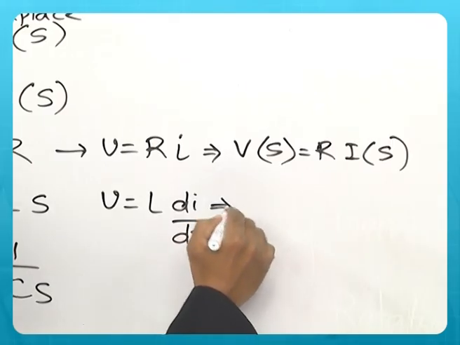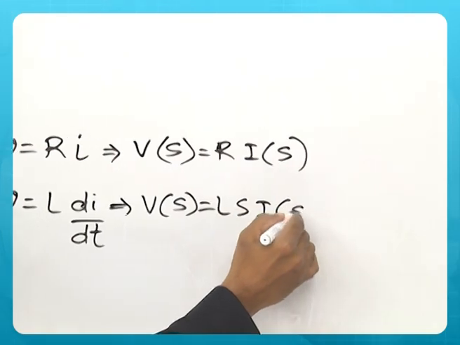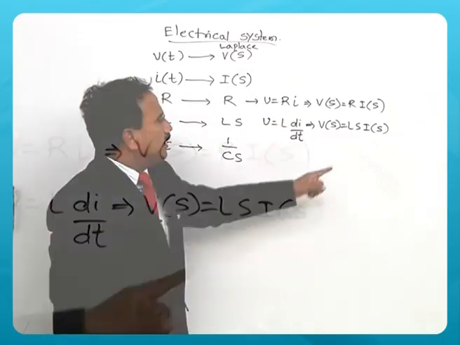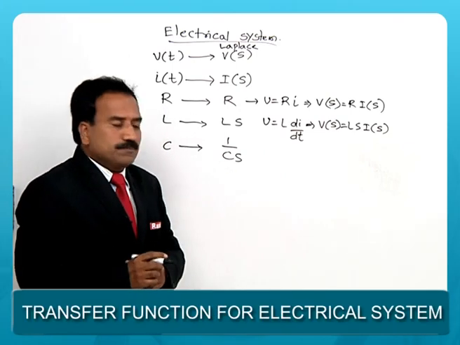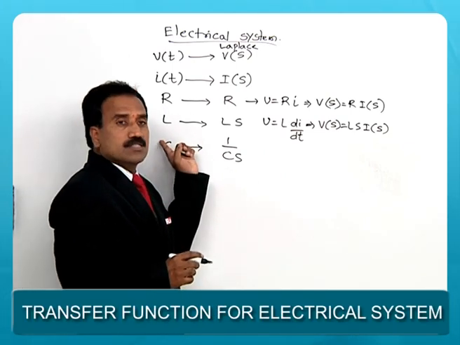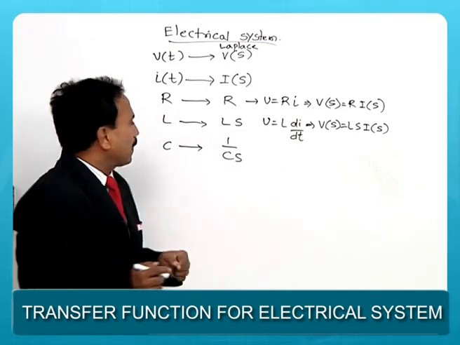This L di by dt is written as Ls into I of s. So, you will find an additional s term in the function. L is inductance, but Ls is the impedance seen by Laplace.